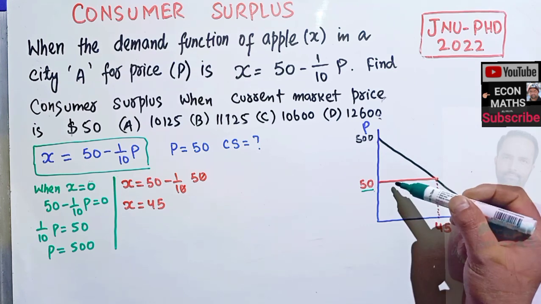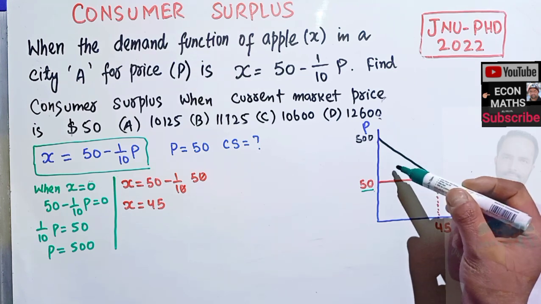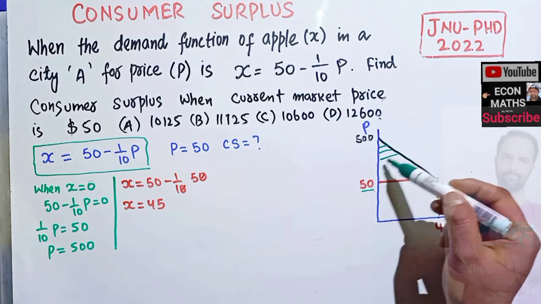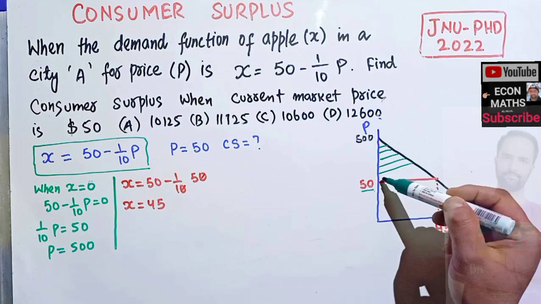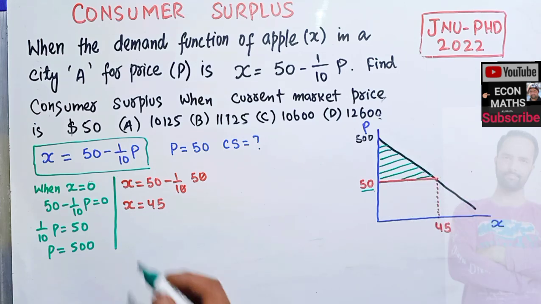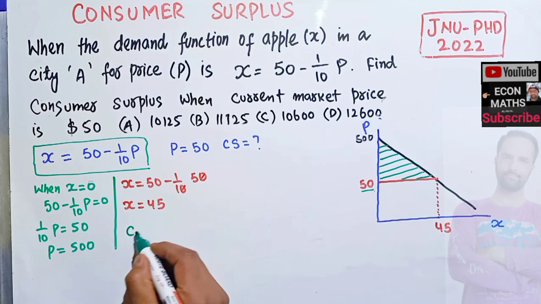The area above the equilibrium or market price and below the demand curve gives us the consumer surplus. That means we need to find the area of this right angle triangle, and our consumer surplus will be equal to the area of this triangle.